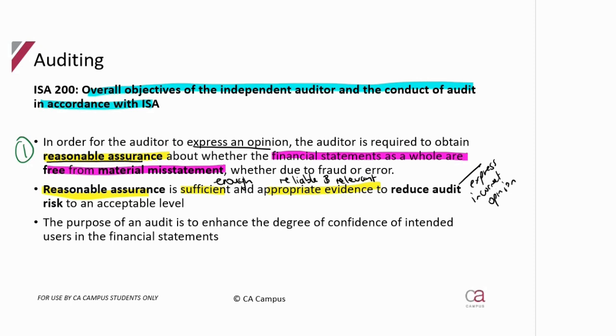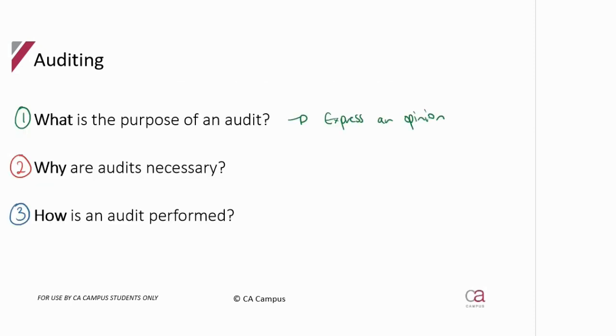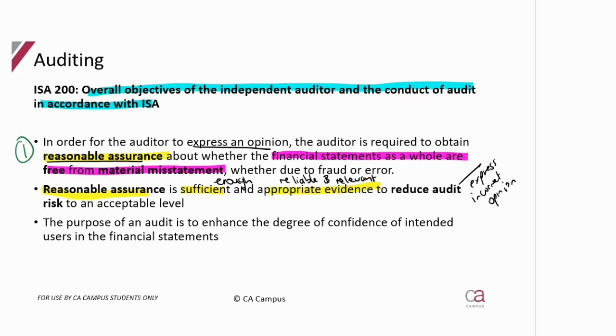My next question, why are audits necessary? Why do we have them? Who wants this opinion? Why is this opinion valuable? The purpose of an audit is to enhance the degree of confidence of the intended users in the financial statements. So, why is audit necessary? Because users of the financial statements want to believe the financial statements. And why would they believe it?